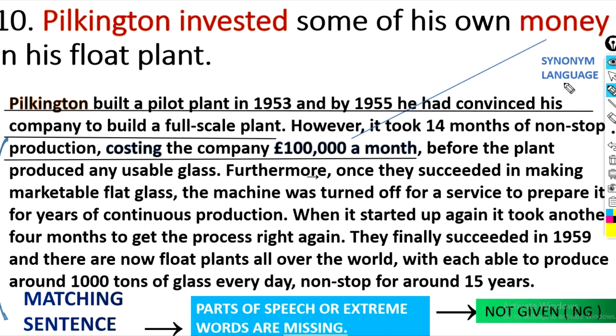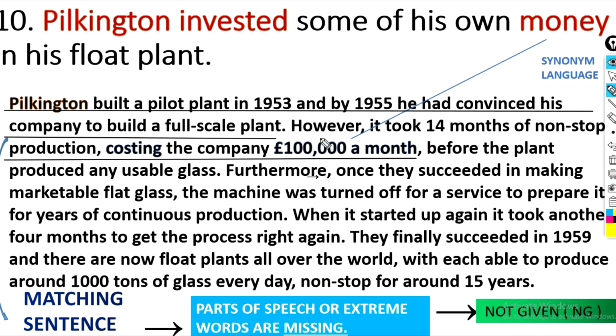We don't know if Pilkington invested some of his money or not. We know for a fact that he convinced his company, and we also know for a fact that his company invested £100,000 for the float plant. But it's also possible that Pilkington also invested some of his own money.